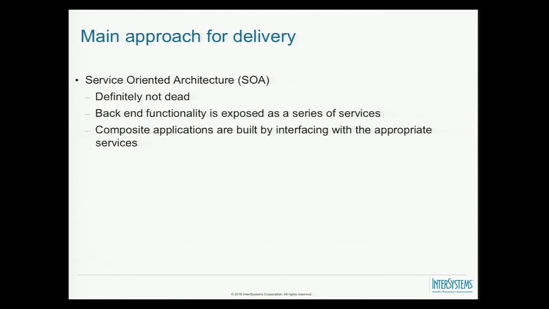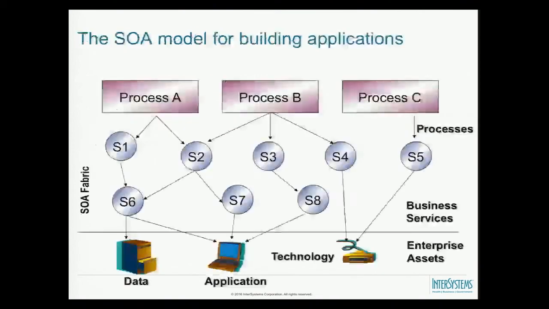So diagrammatically, that looks a little bit as follows. At the bottom of this slide, you have your corporate assets. You have your databases, you have your applications, you have your technology stacks, which might be specific messaging standards for your market, so HL7 in healthcare, Swift in finance, and so on.